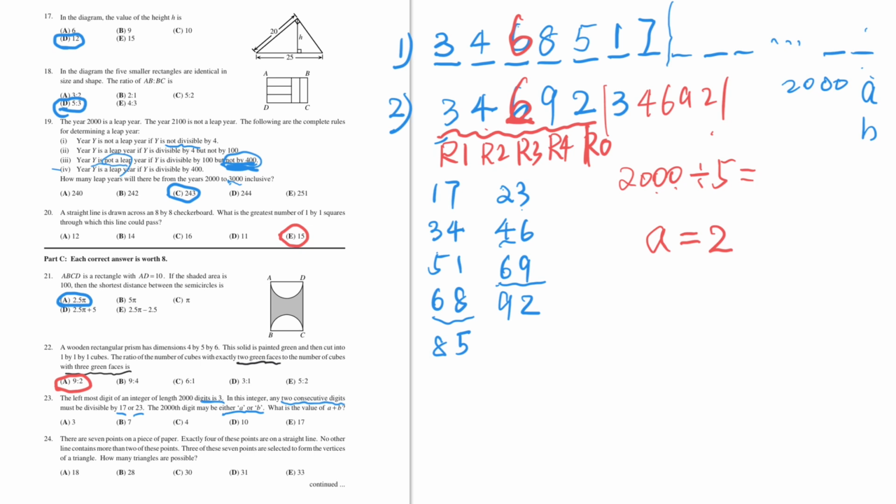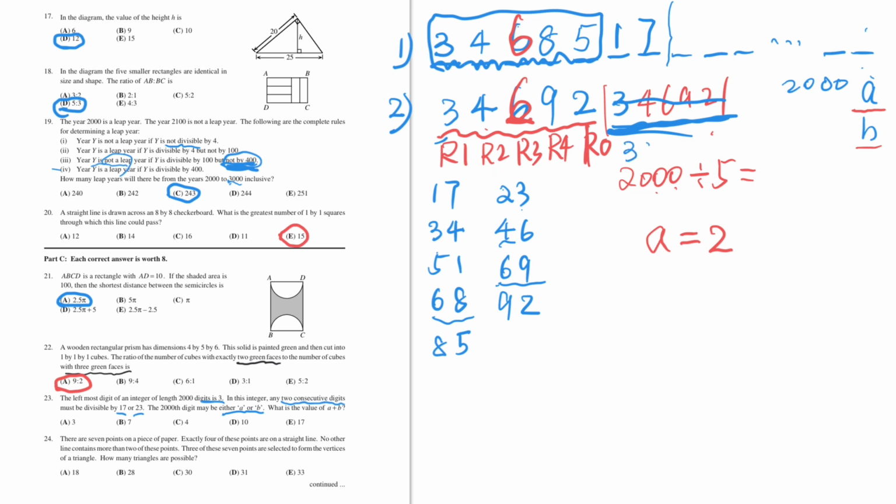But they told us the given is the last digit, either A or B. We will replace this 5 more. We use the case 1, 5 more digits. So 1, 2, 3, 4, 5. Now we use this 5 digit, replace the last 5 digits.